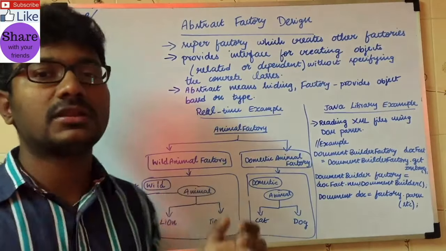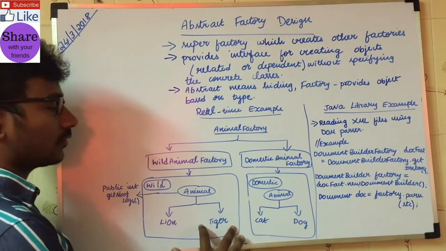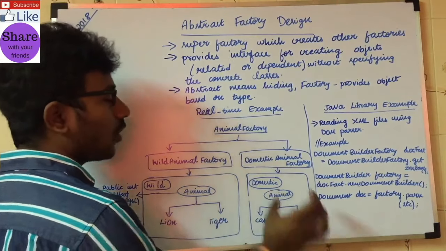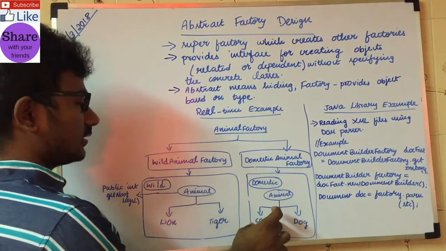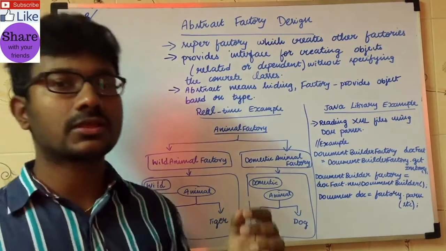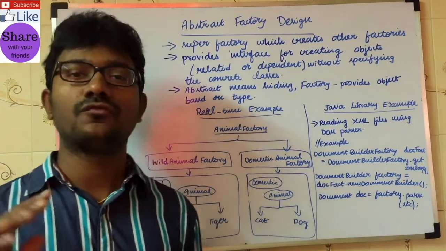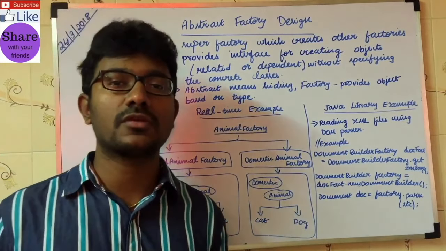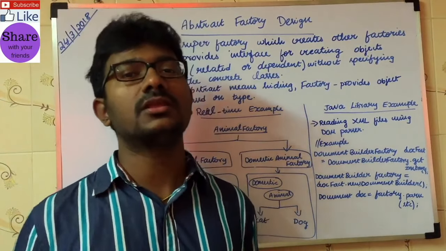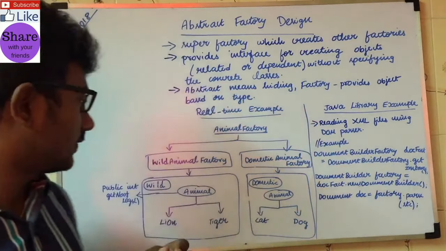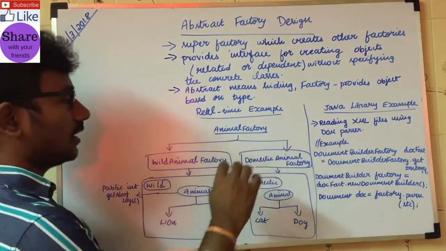The actual implementation for that method is present in the lion concrete class, tiger concrete class, cat concrete class, and dog concrete class. These classes return the actual number of legs. For example, cat, dog, lion, tiger all have 4 legs, so they return 4. If some animals have 6 or 8 legs, they would return that number of legs.